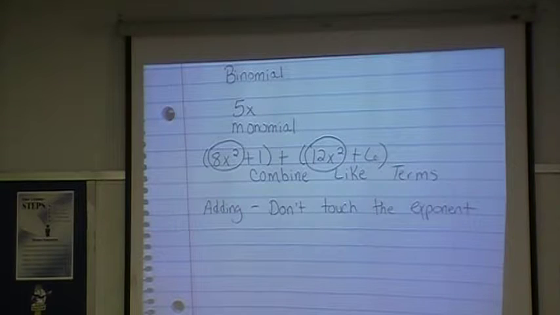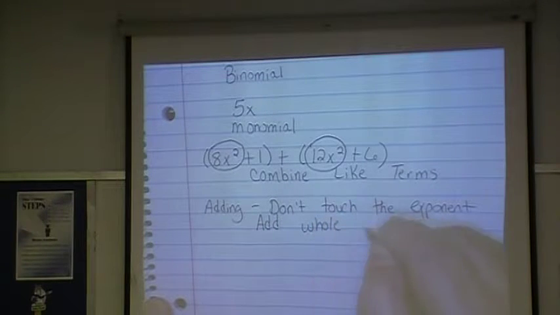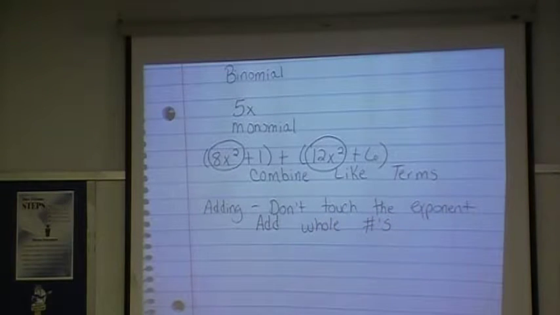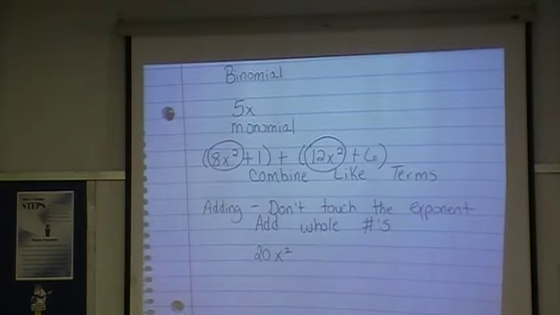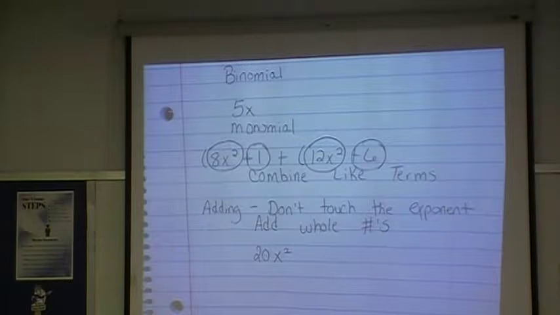All you do is add your whole numbers. You're not going to change x squared. You're going to have an x squared. You're just going to say 8 plus 12 is 20. Then I can combine my numbers.